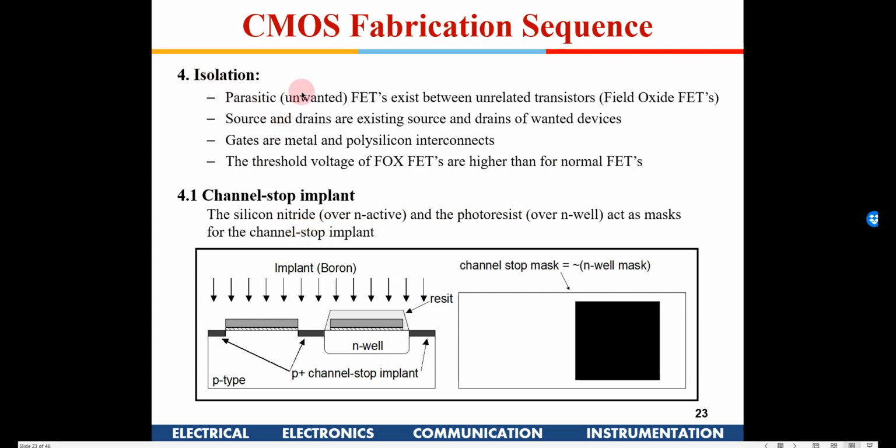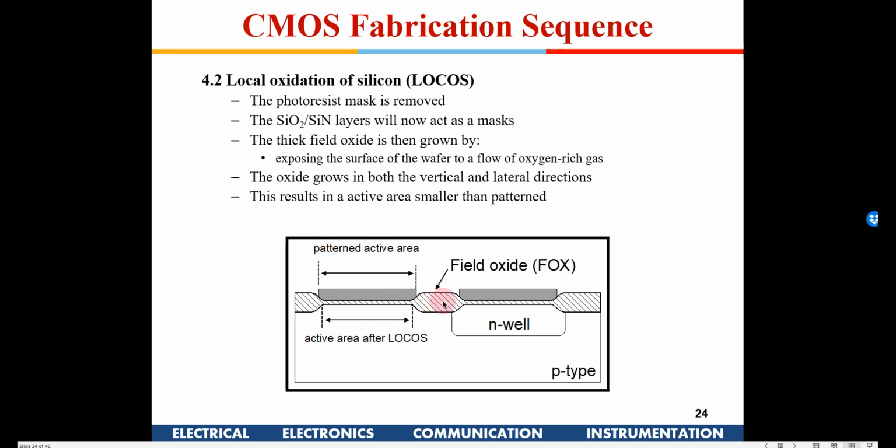Okay, so you can do that isolation, or you can also use channel stop. What channel stop is, instead of having a P plus ring, you can make a silicon dioxide. So here also this area is exposed. Now you form an oxide layer, then you put a photoresist here, and here, and then again you oxidize it.